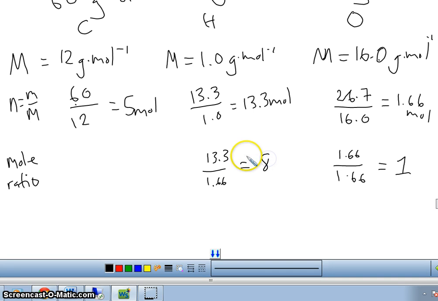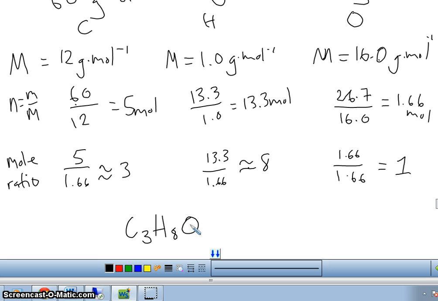Close enough to 8. Right, and then 5 divided by 1.66 is pretty much close enough to 3. So my ratio is C3H8.